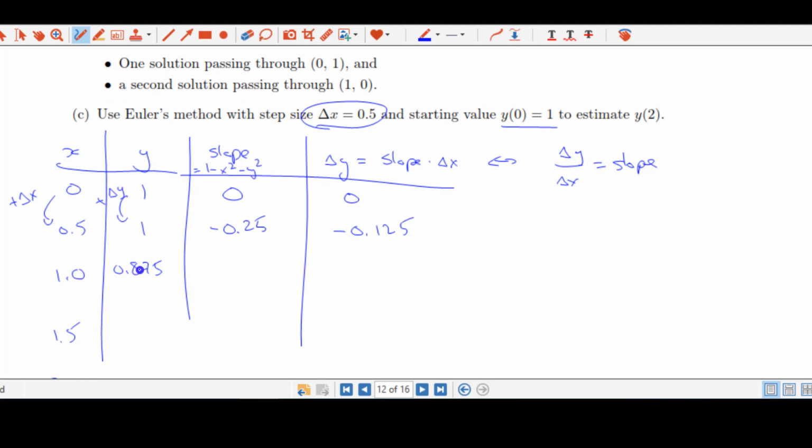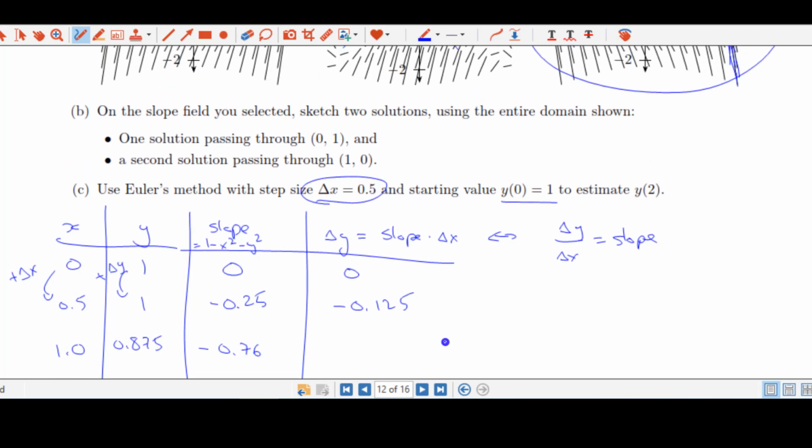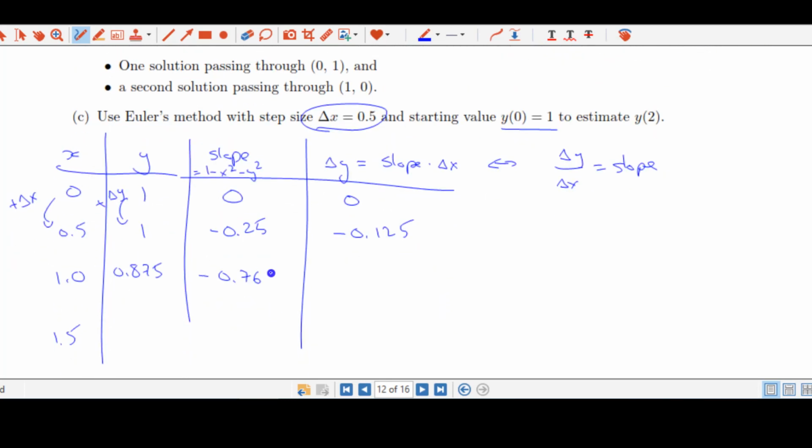And we're going to have minus y squared. So we'll have negative 0.875 squared. That'll be negative 0.766. Do we say how many digits? Usually 3 is fine for these things. And then we multiply that by the step size to get the change in y. 0.382, 0.383 if we round.